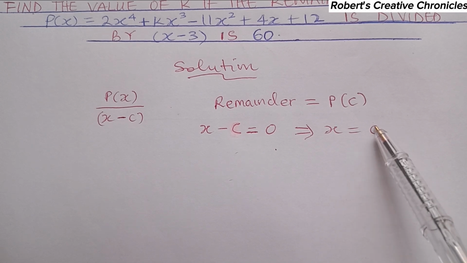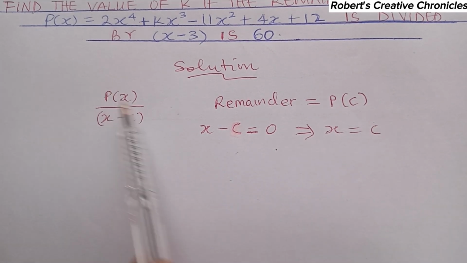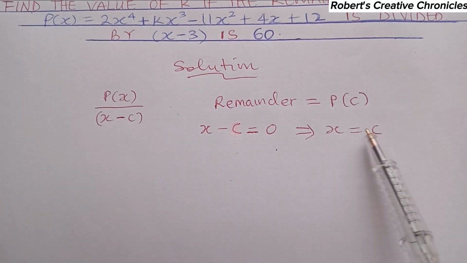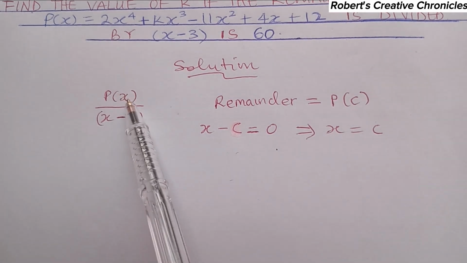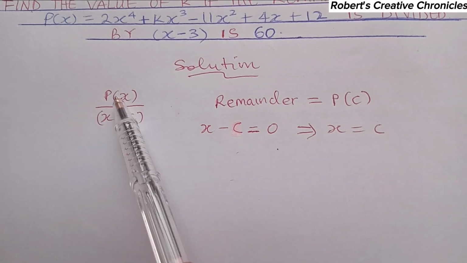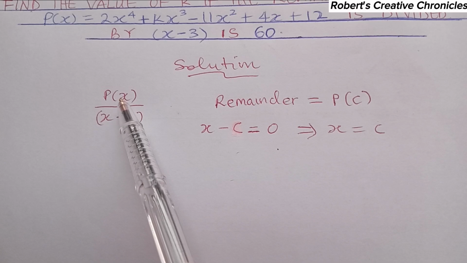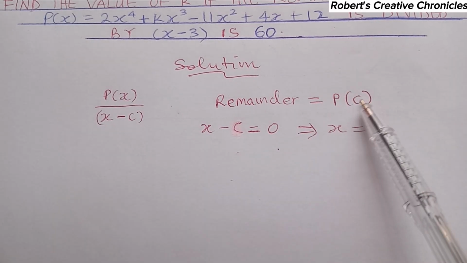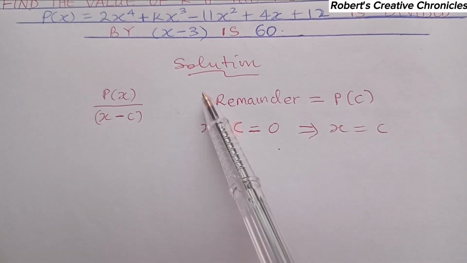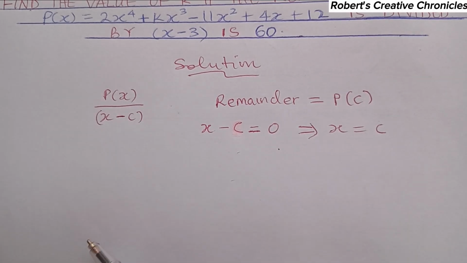When you substitute it in this equation, that is why instead of p(x), I write p(c). It's trying to show you that the equation is no longer a function of x, but I have substituted the constant which replaces x into the original polynomial. The value you are going to get is the remainder.